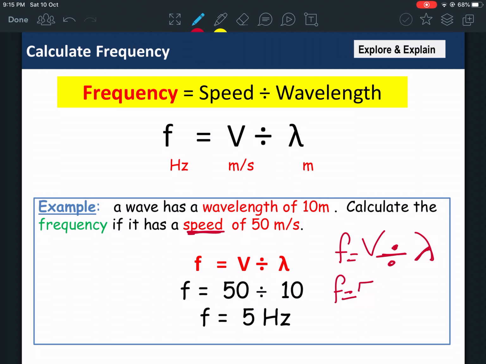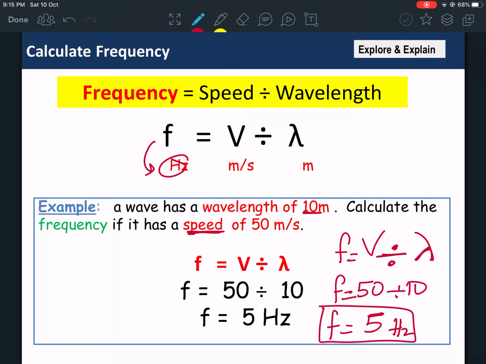It's 50. Divided by, how much is the wavelength? It's 10. 50 divided by 10, you get a calculator. You can do it without a calculator, this is easy. It's 5. 5 what? Unit of measurement of frequency, it's hertz. So it would be 5 hertz.